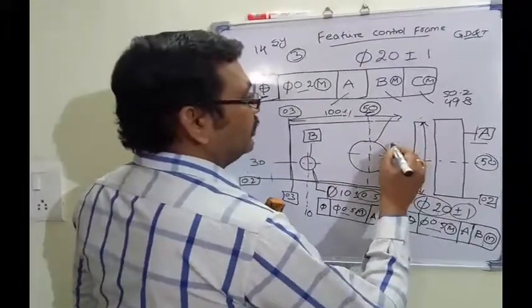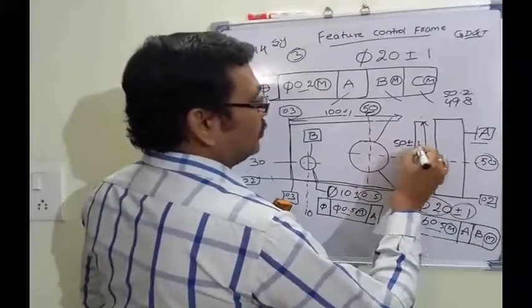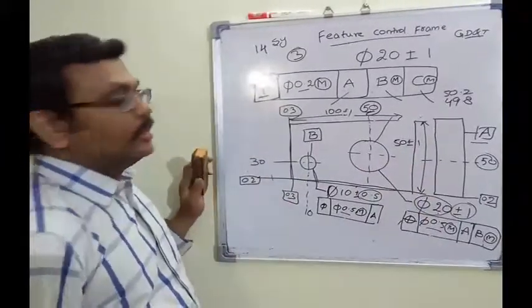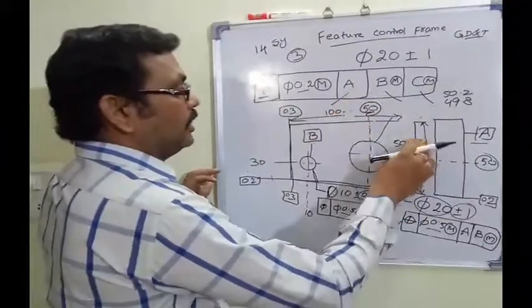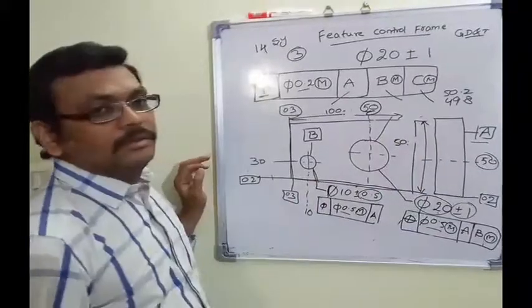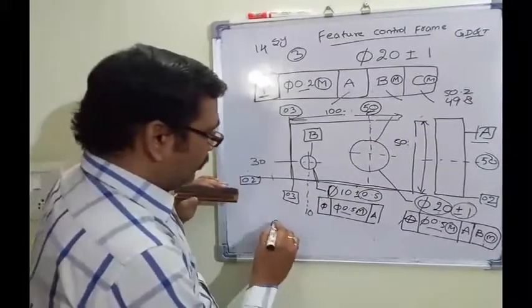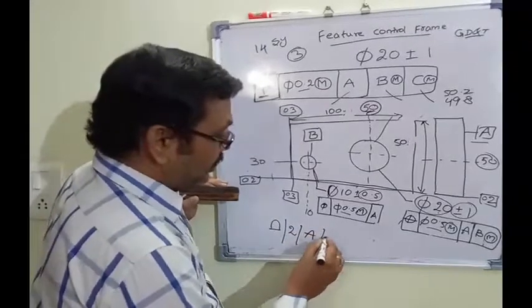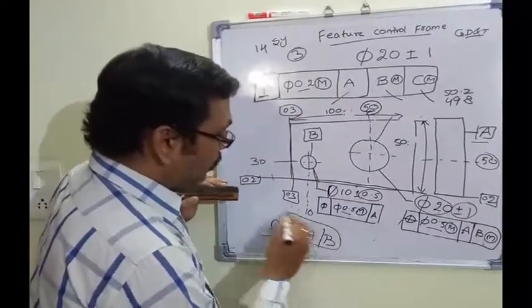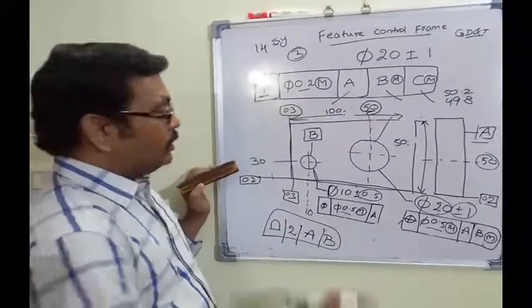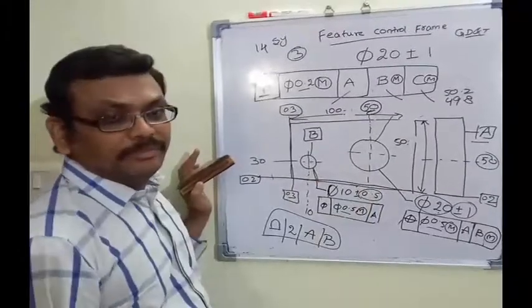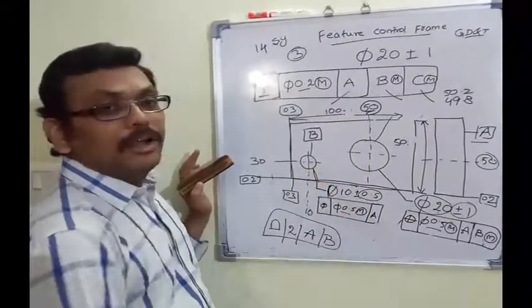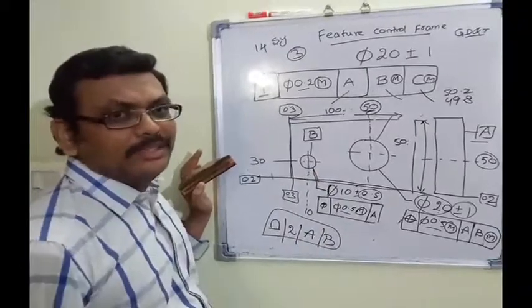Tolerance for this will be given something. Suppose this tolerance is not there. Then we can take profile of some value A and B only, because there is no datum C. Since it is a simple component, I have not taken datum C.